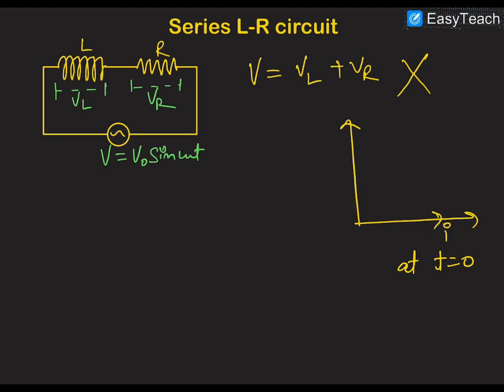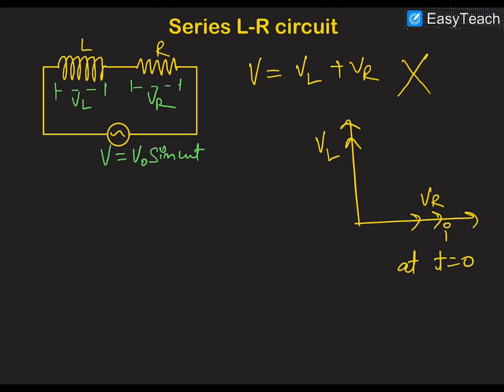Now we know that the voltage across resistance VR is always in the same phase as the current, and the voltage across the inductor VL is ahead of the current by a phase of pi by 2.